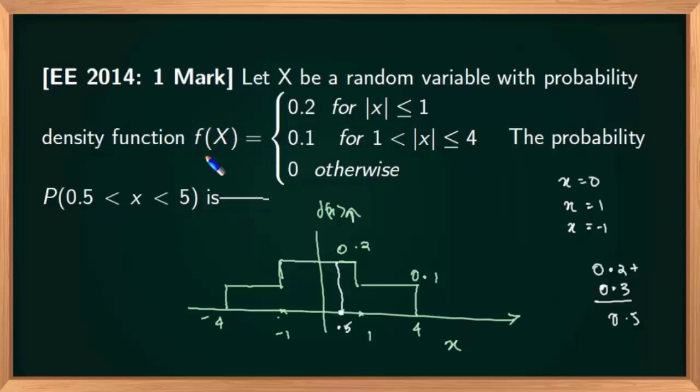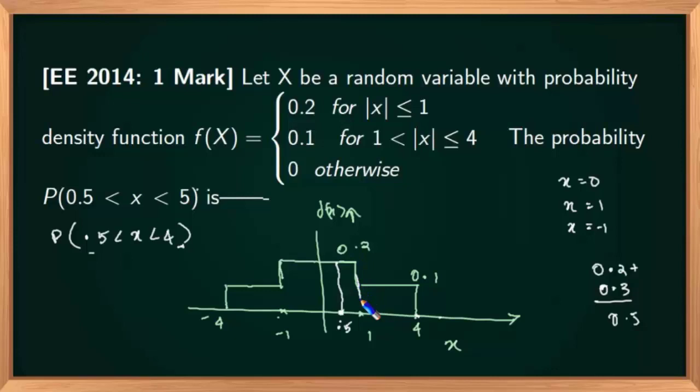So instead of going for integral, I can directly find the area. So from 0.5 to 4, I have a non-zero area, but from 4 to 5, I don't have an area because the function is 0. So actually, this is nothing but P of x lying in between 0.5 and 4. Both these things are same because I don't have a value for x taking a value which is higher than 4. So I'm going to find this area.